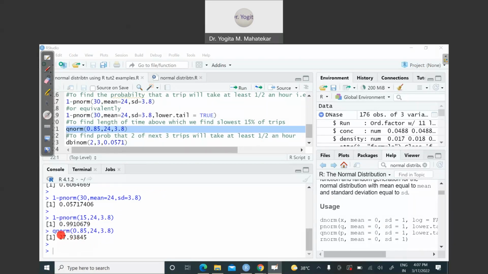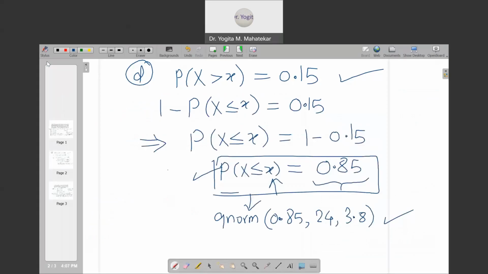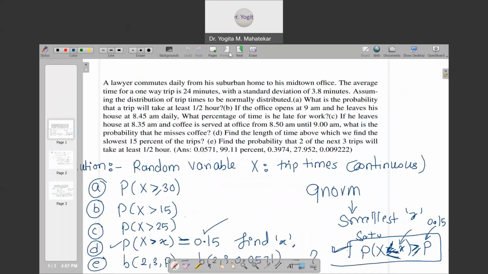So this is the use of the qnorm command. Q stands for quantile. So you will get that quantile for which you will get the highest 85% of the trips, or in other words, the slowest 15% of the trips for the complement of the event. So that is how the D part you can solve.